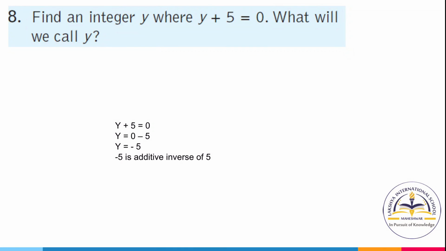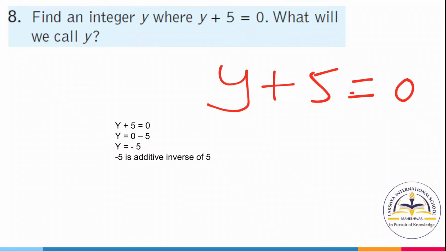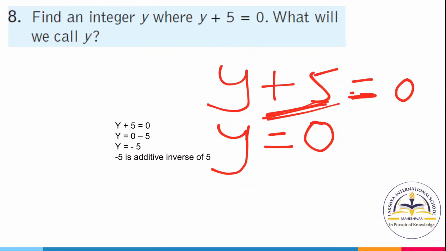Find an integer y where y plus 5 equals 0. Okay, plus 5 is given, equals 0. Now we have to find the value of y. So you can see here it is 0. Now here it is of plus sign. In LHS it is y plus 5.